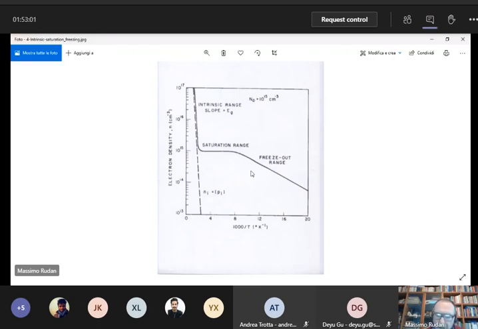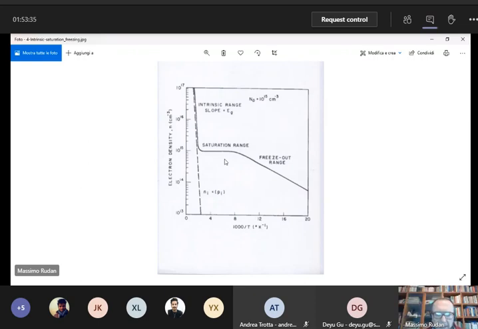They stay in the dopant atoms, and the fraction of them becomes larger and larger as you decrease temperature. So in this case, we say that the dopants are frozen, and this part of the curve is called the freeze-out range. Substantially, the number of electrons in the conduction band will be lower than in the saturation range.